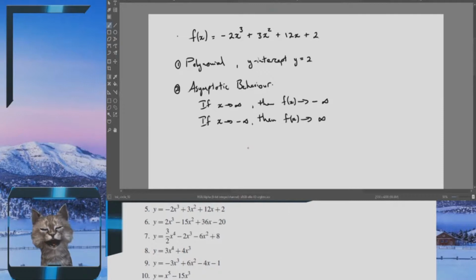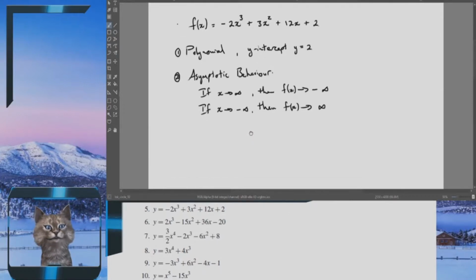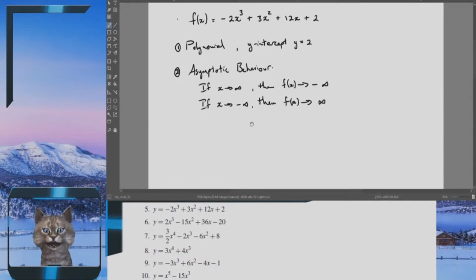So, because of the polynomial, there's not much to do in step number 2. So we move on to the next one, which is our increasing, decreasing behavior. And for that, we are going to look at the derivative.